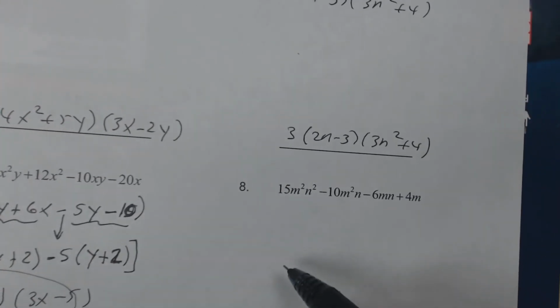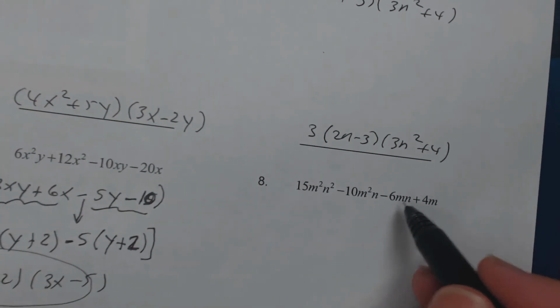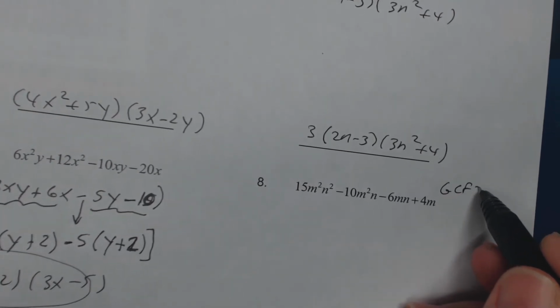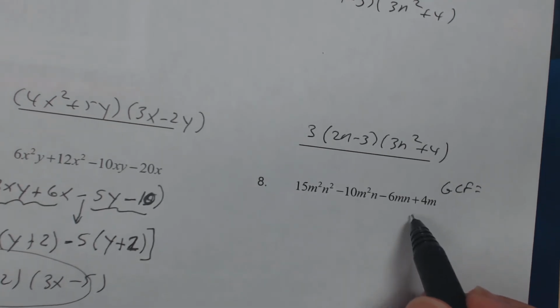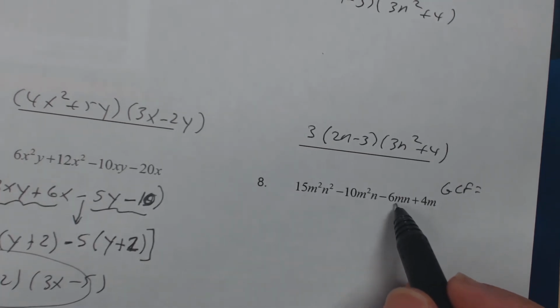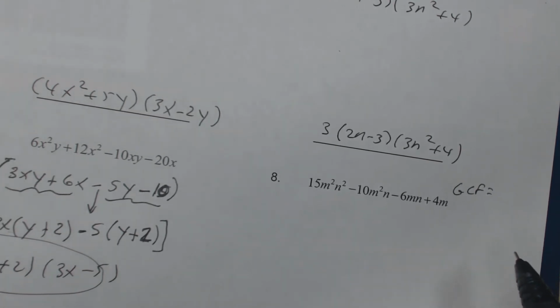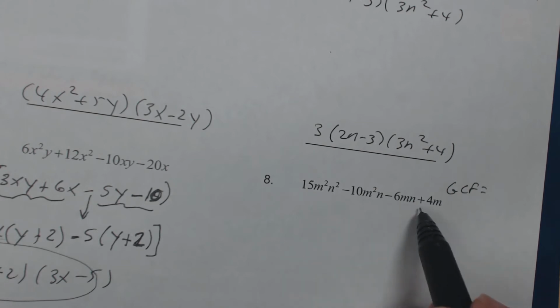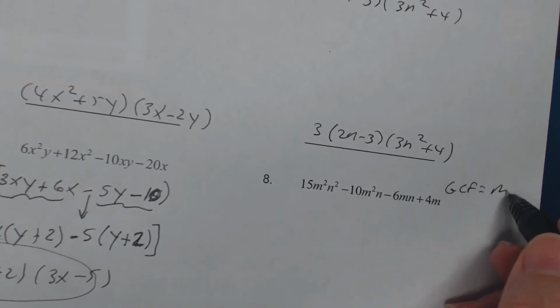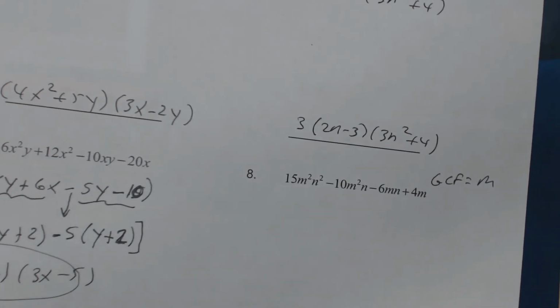All right, and then finally, the GCF here is, let's see, 5, 10, 6, and 4. For the coefficients, it looks like the GCF is just 1. For the variables, though, I don't have n's in every term, but I do have m's, and I can just factor out an m. So here the GCF is just m.